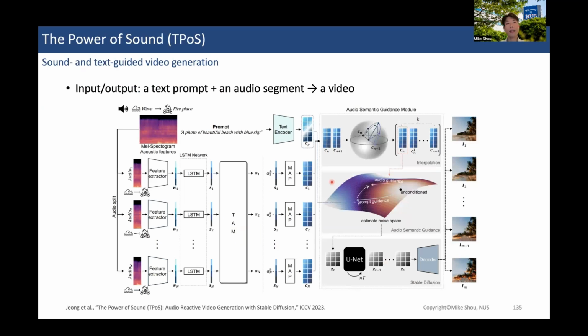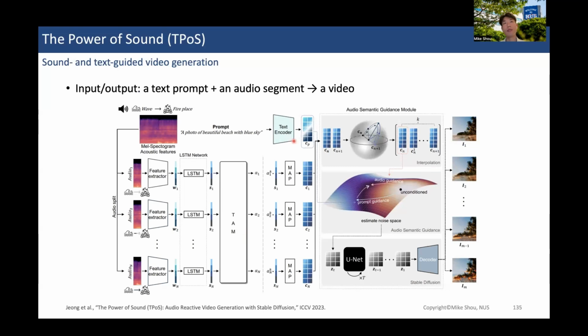All right, so another kind of modality people could use is actually sound. For this specific work from ICCV, it used a text prompt together with an audio segment as condition for video generation. The text prompt here is like a photo of a beautiful beach with blue sky.